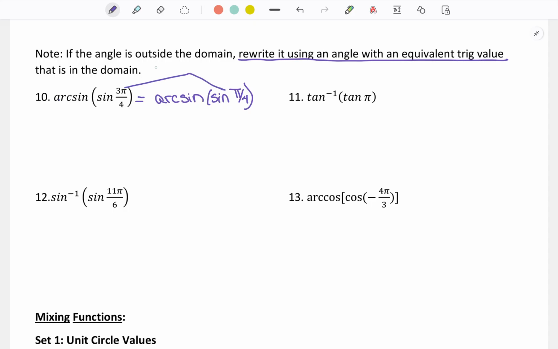And one reason why this works is we have the same trig value, or the same function value. So we can then cancel and just have π/4.